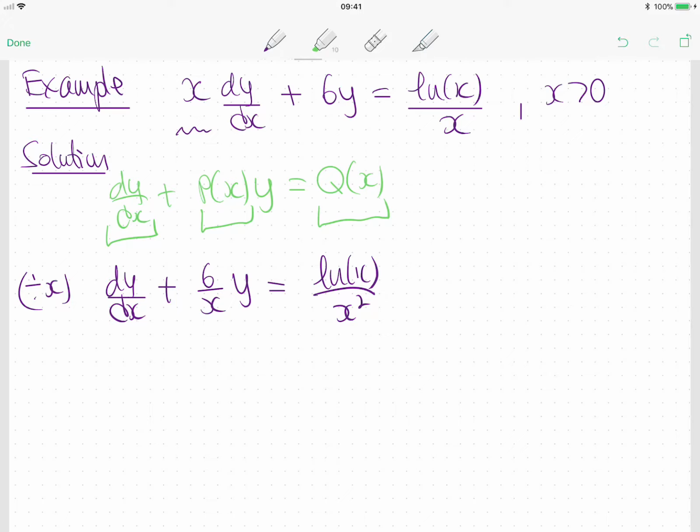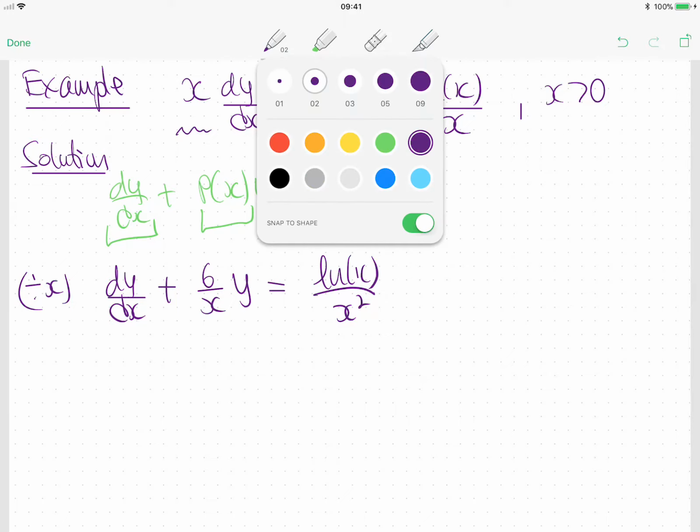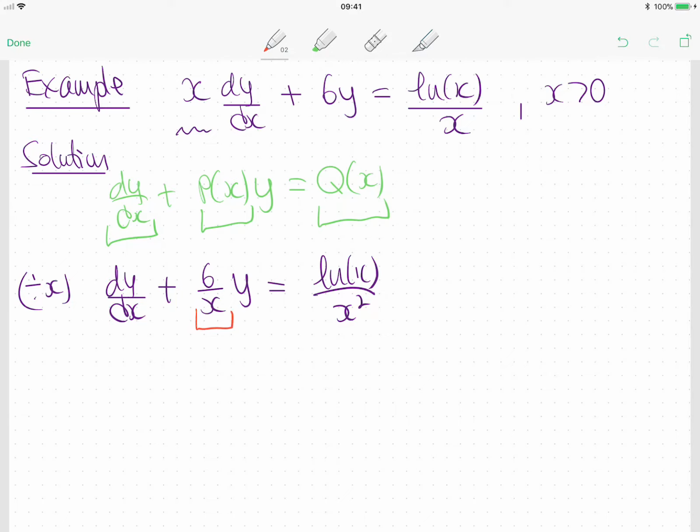So from this we can see that p of x is 6 over x and q of x is log of x over x squared. Okay, so we got it in our general form.